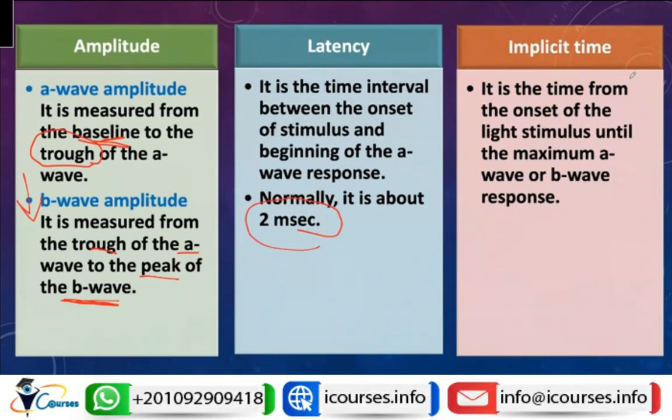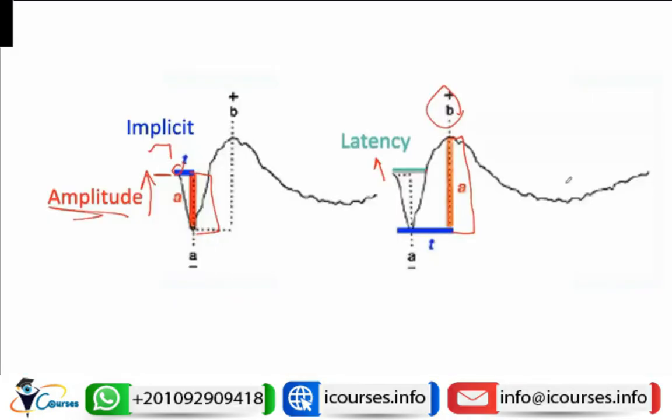The implicit time is another way to describe the duration of the wave. It is the time between the onset of light and the maximum response, so the maximum trough of the A wave or the maximum peak of the B wave. So what is the implicit time of the A wave?